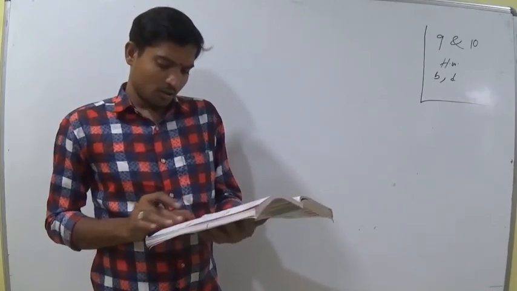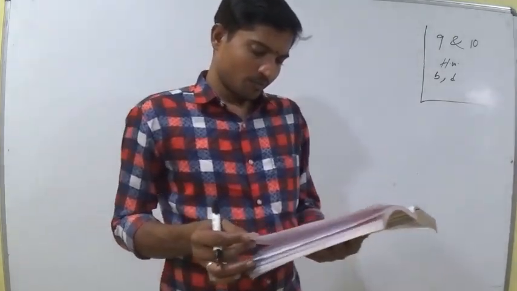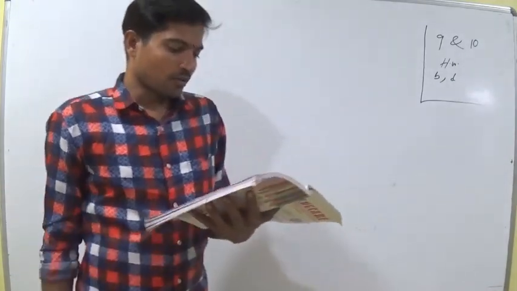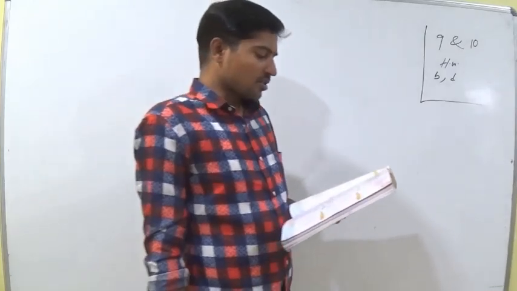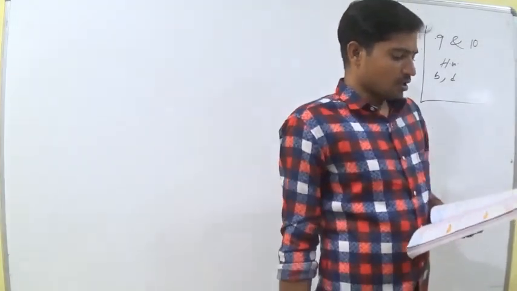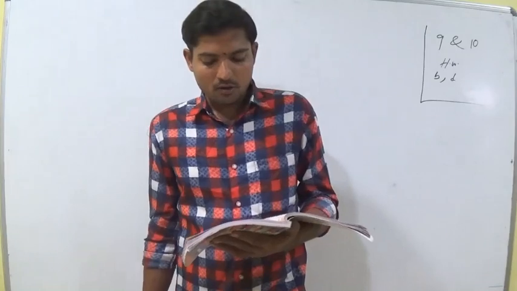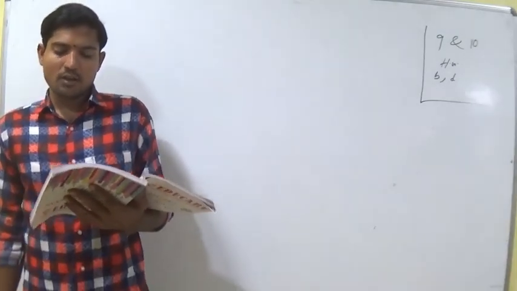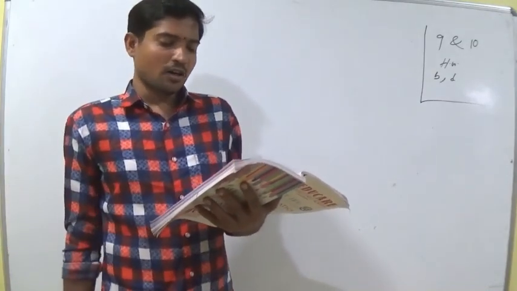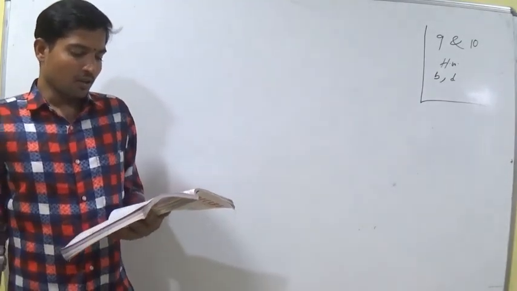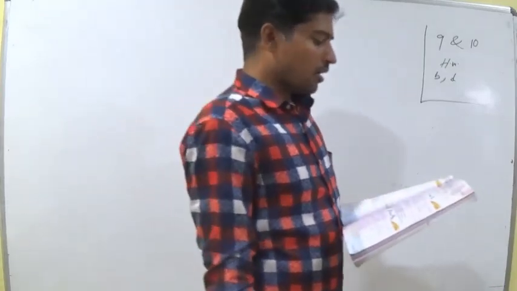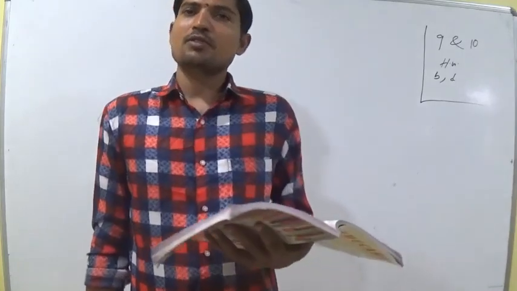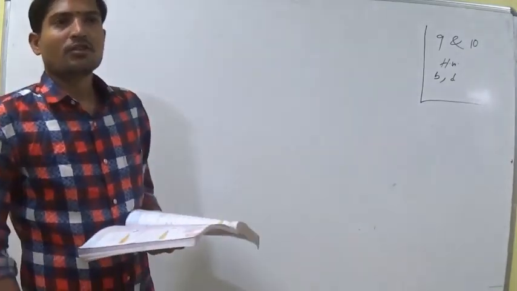Here, the 12th one: if x equal to 3 plus 2 cos theta, y equal to 5 plus 2 sin theta, then the locus of the point xy is the circle with center and radius is. Here center and radius. x minus h whole square plus y minus k whole square is a circle equation.